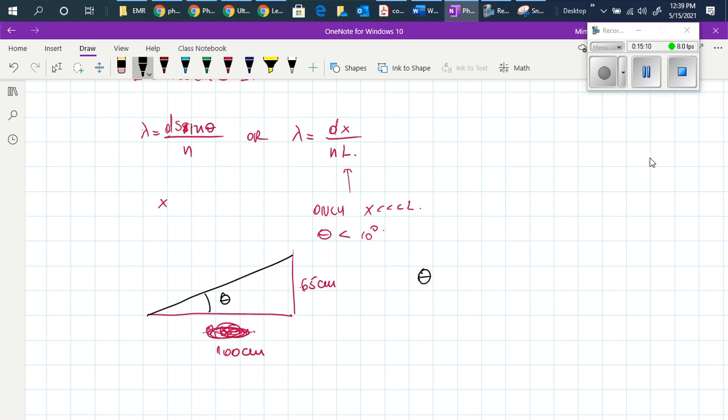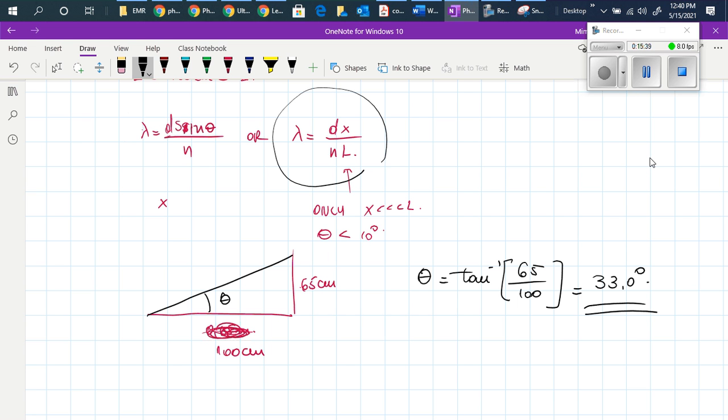Angle theta is the inverse tangent of 65 over 100, which will be 33 degrees. So it is greater than 10 degrees. So these are the two things that will make you believe that you should not use lambda is equal to dx over nL.